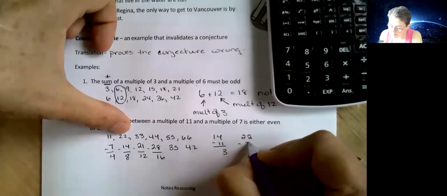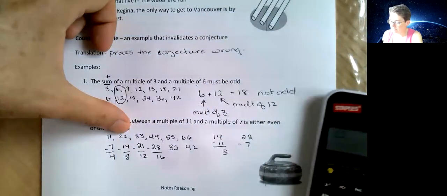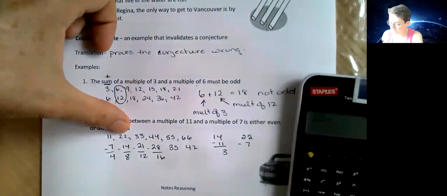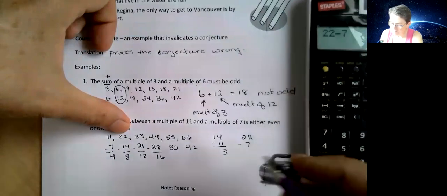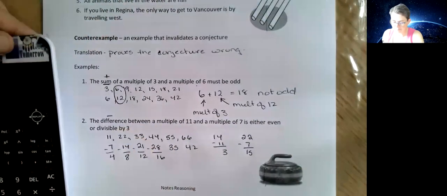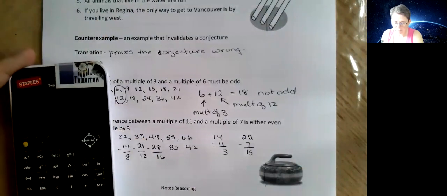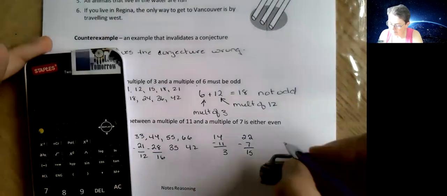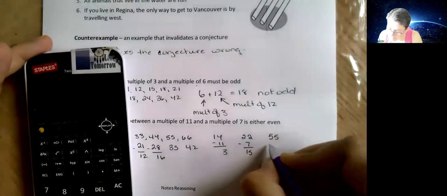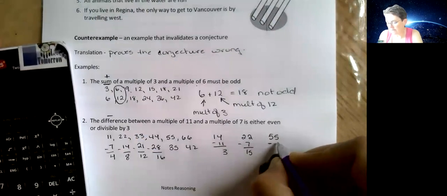22 minus 7 is 15. Hmm. 55 minus 7 is going to give me 48.